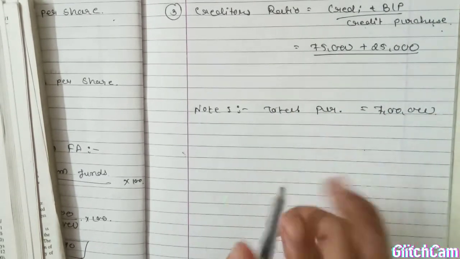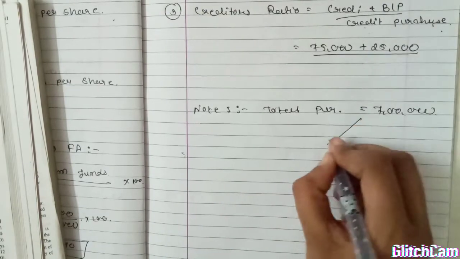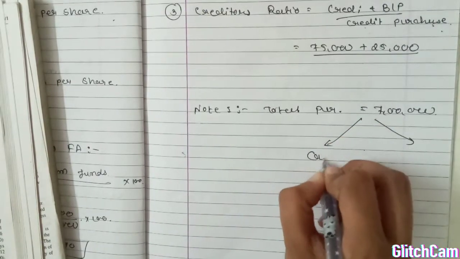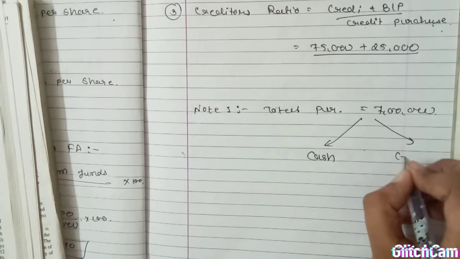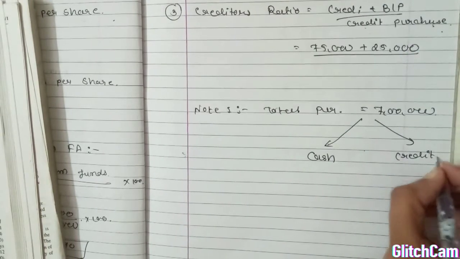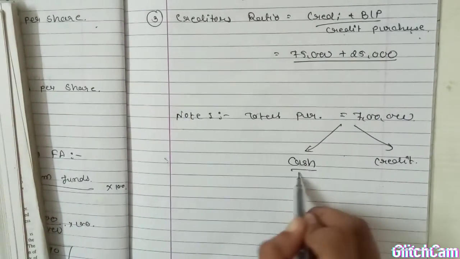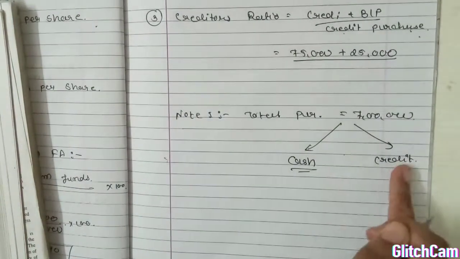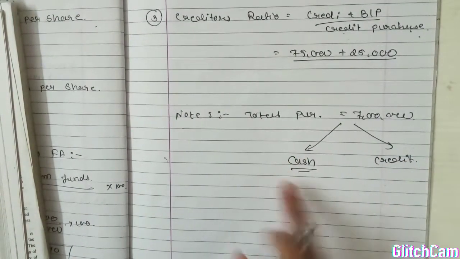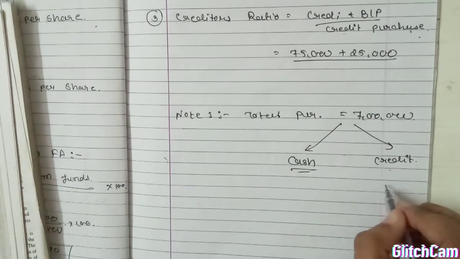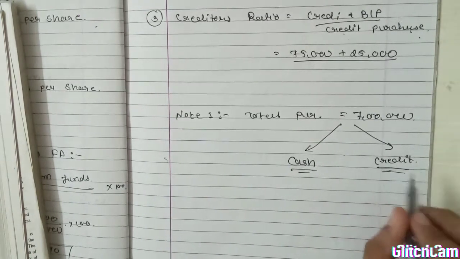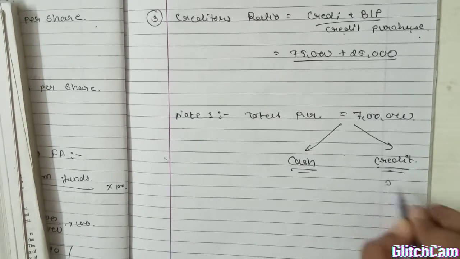In the total purchase there is always a bifurcation. First is cash purchase, and second is credit purchase, right? So what is given? The cash purchase is 2/5 of the credit purchase, right? So first we have to find out the credit purchase.